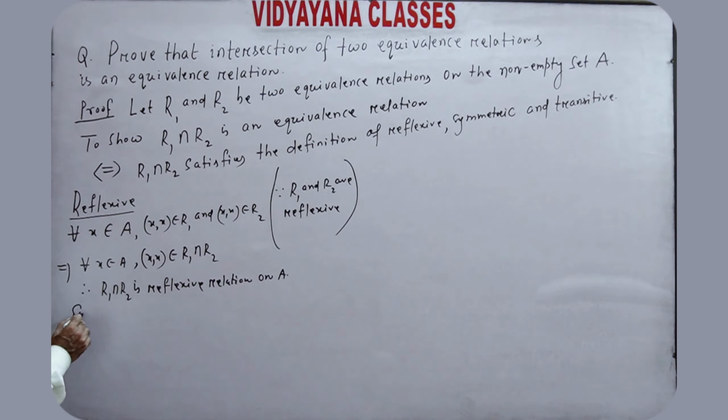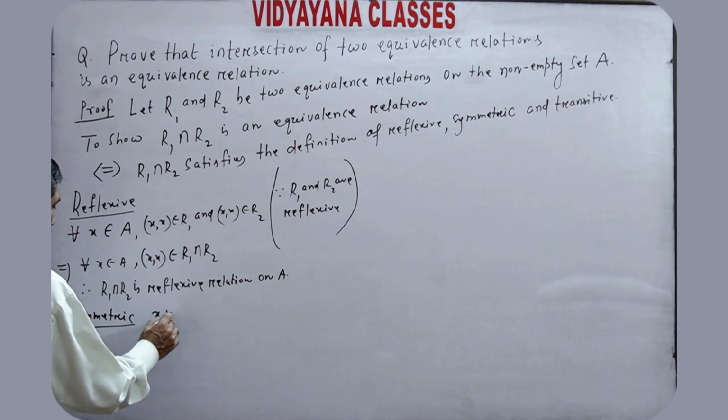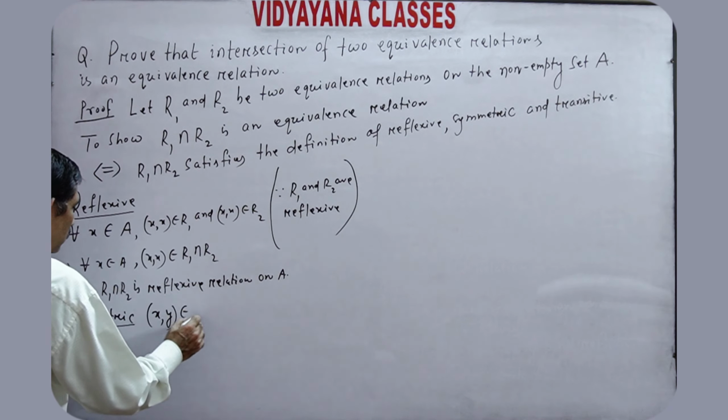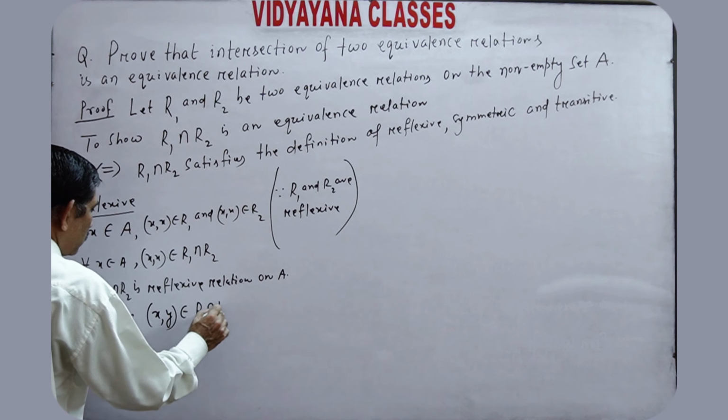Second, symmetric. Let (x,y) belong to R1 intersection R2.